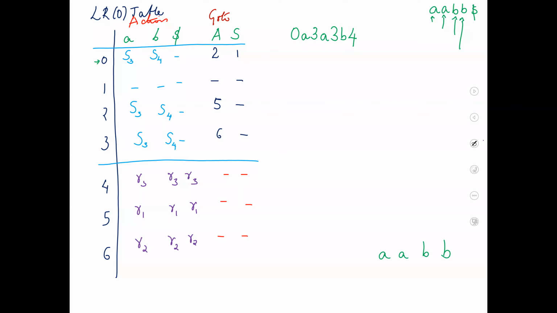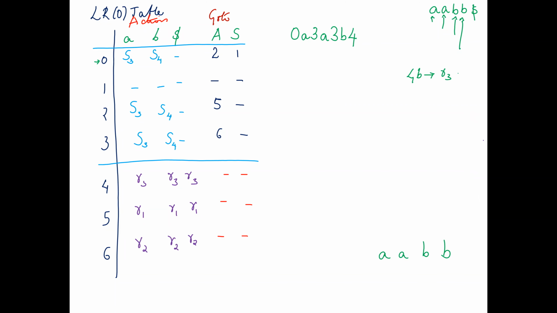Now my shifting is all done. No more pushing. I can't push because 4B is a rule, or I can say R, reduce. S is shift, R is reduce. That is why that kind of naming convention is followed. So when you look at 4B, it is R3.